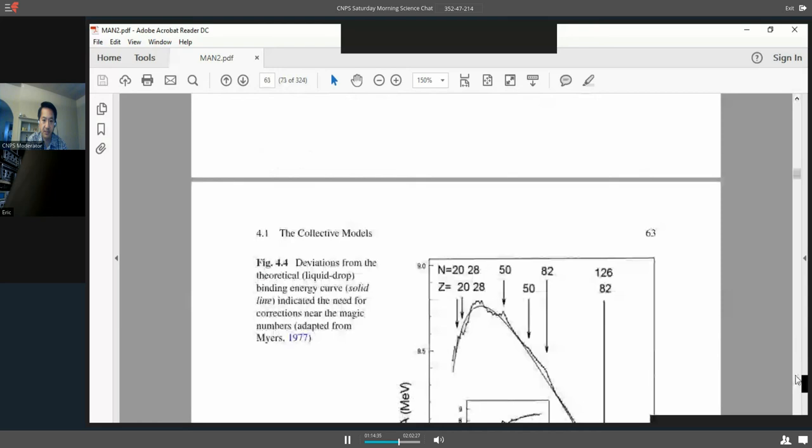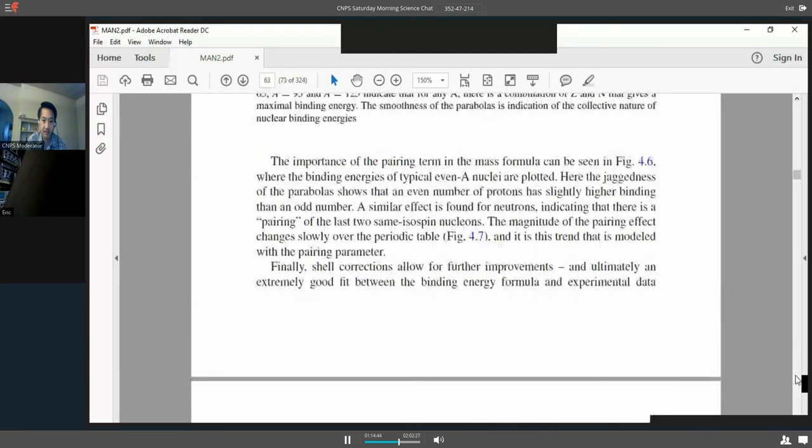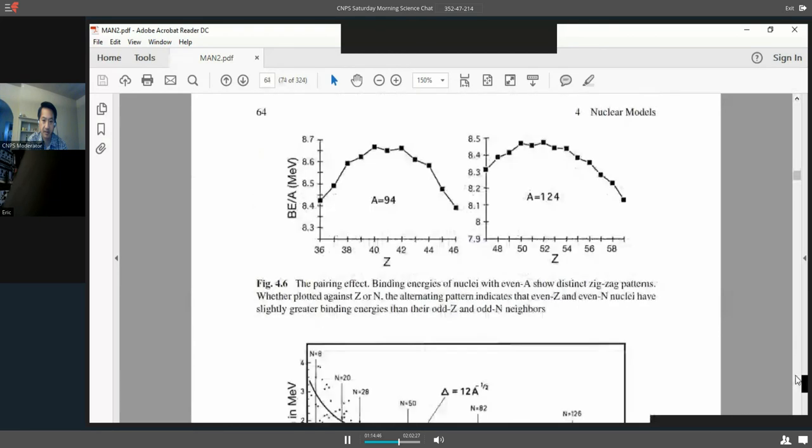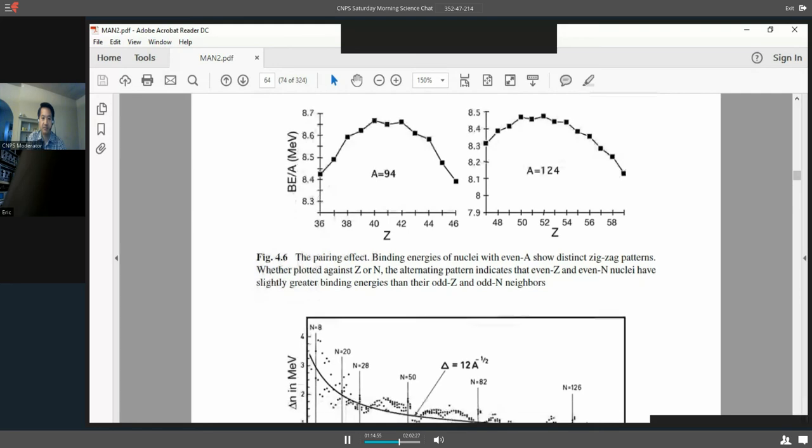He's talking a lot about the liquid drop model in this section here, and how it meets basically the pattern here.